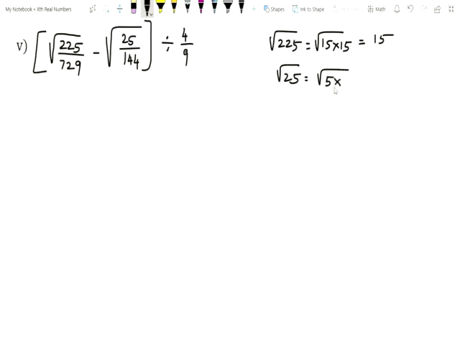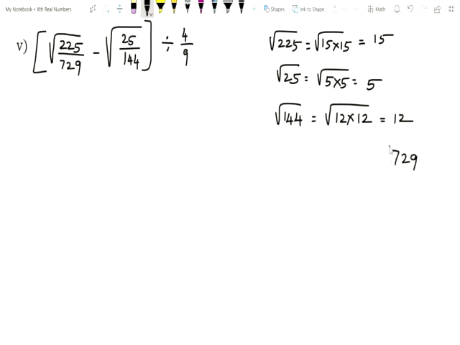Square root of 25, you know very well: 5 into 5, 5 fives are 25. So 5 is the answer. Square root of 144: 12 into 12, 12 twelves are 144. So 12 is the answer. Which one alone you don't know? Root of 729.